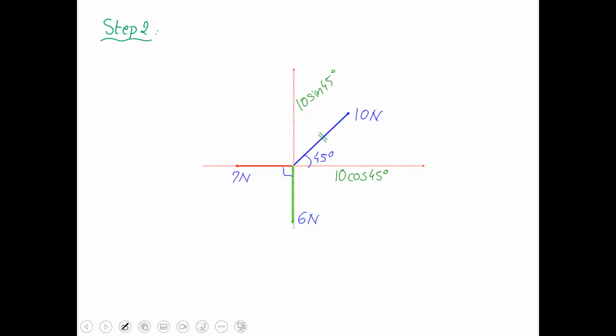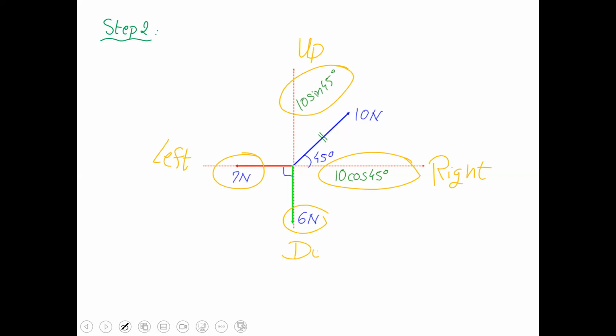Separately find the algebraic sum of x and y components. And the main formula was right minus left. This is our right, and this is our left. This is our up vector and this is our down vector.